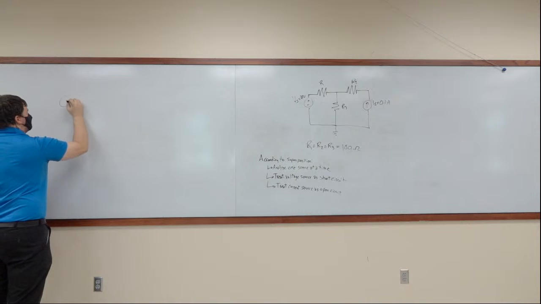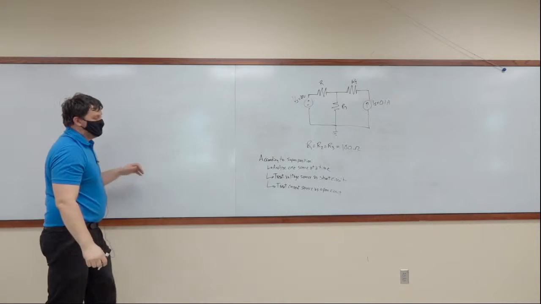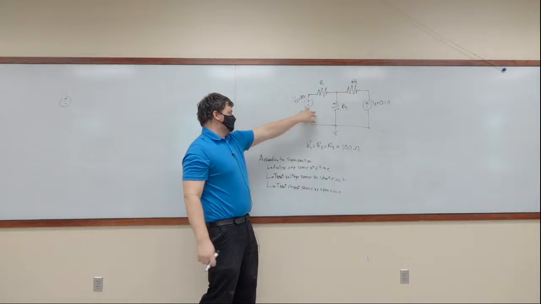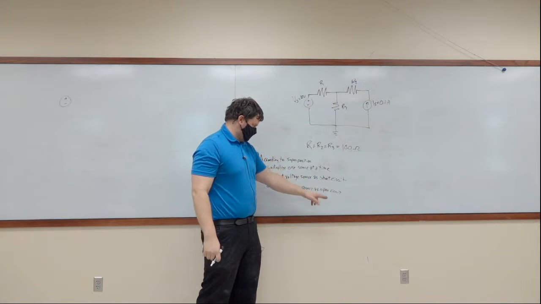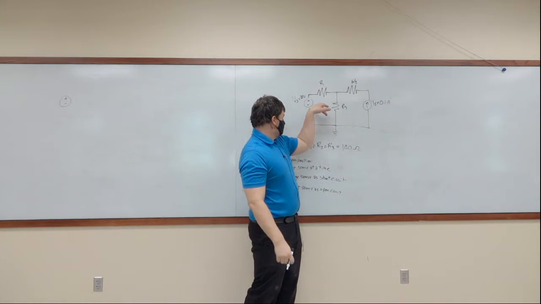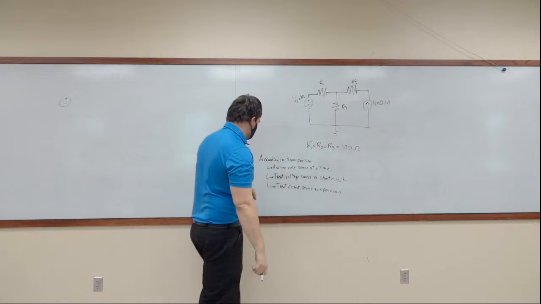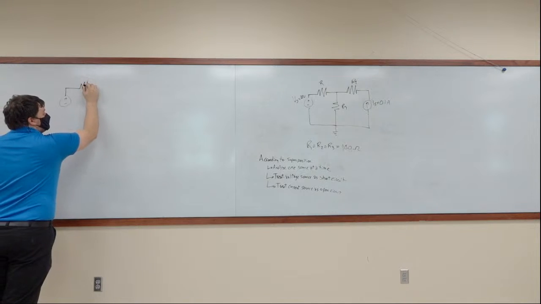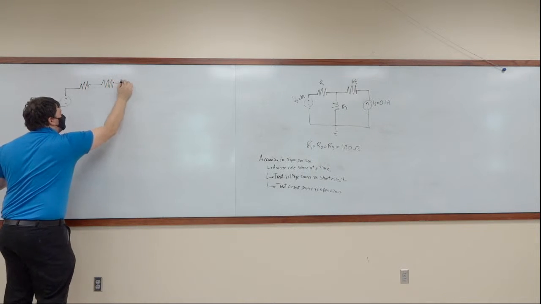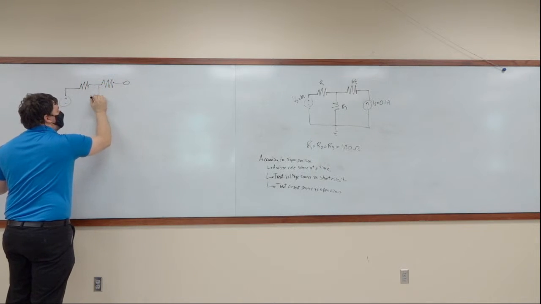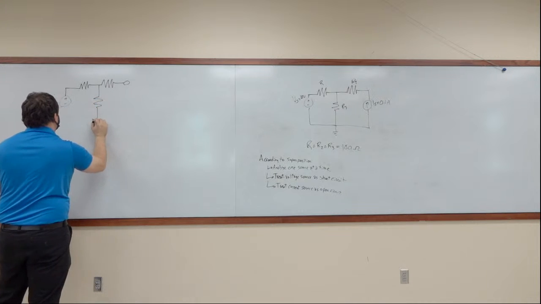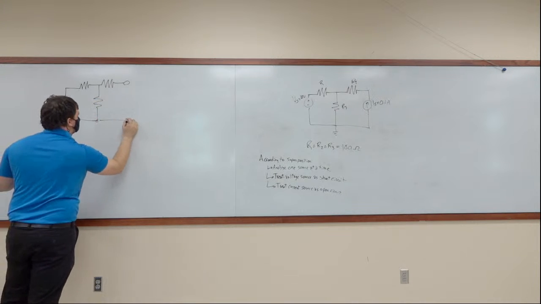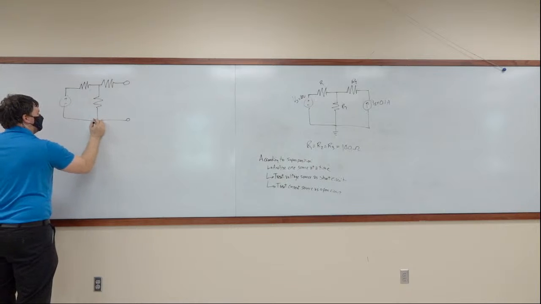So here, I'm going to redraw this circuit, and every voltage source that isn't this one, I'm going to treat as if it's a short circuit, and every current source that isn't this one, I'm going to treat as an open circuit. Okay, so here I have 3 resistors. There we go.